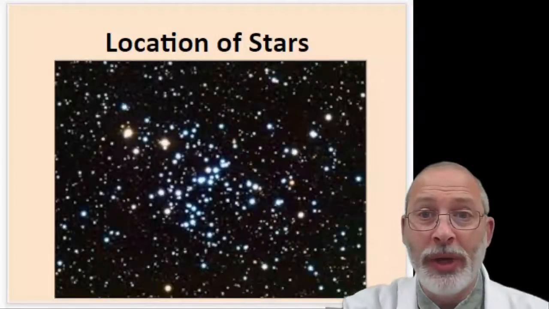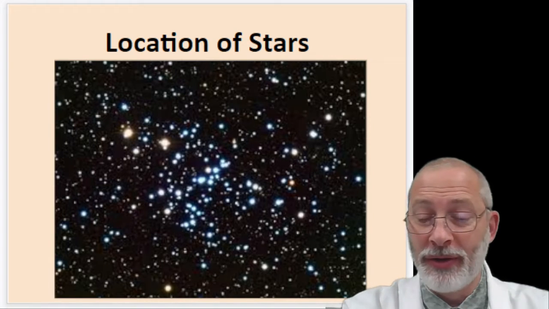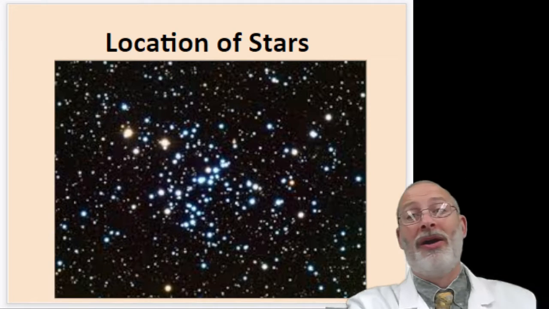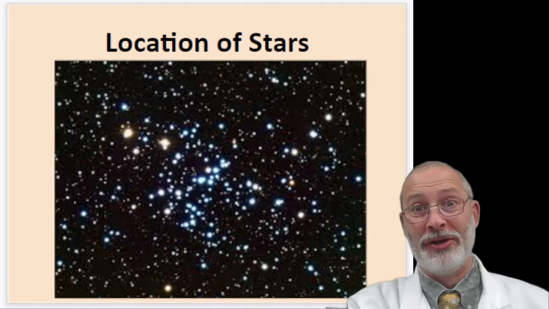With this video, I'm going to introduce to you how we can determine the location of stars. Previously, we learned about the location of stars and how they are all over the universe, believe it or not.